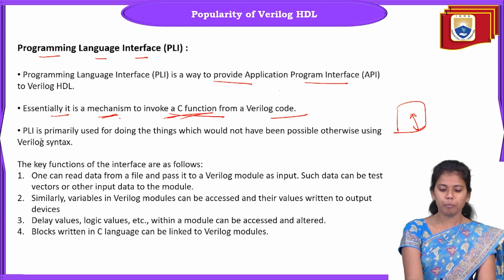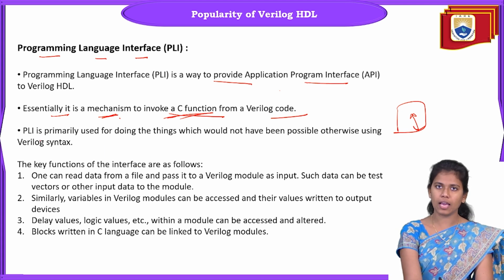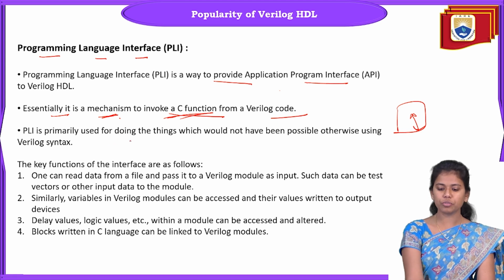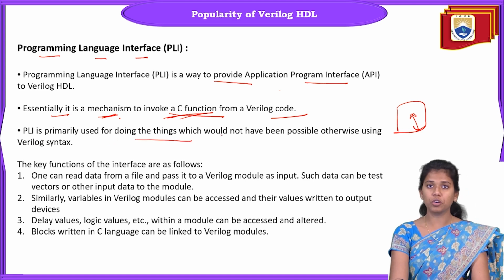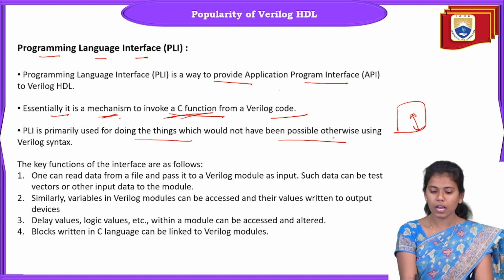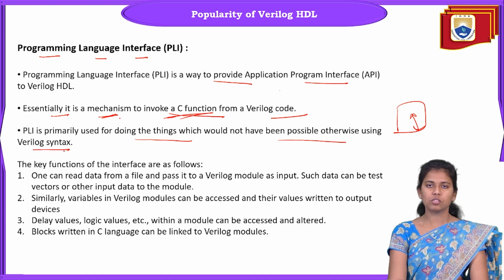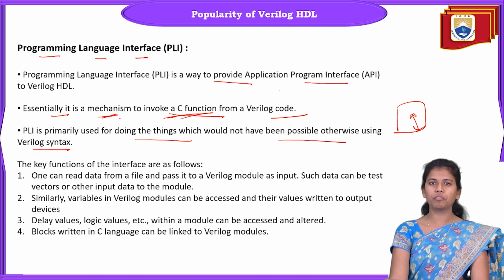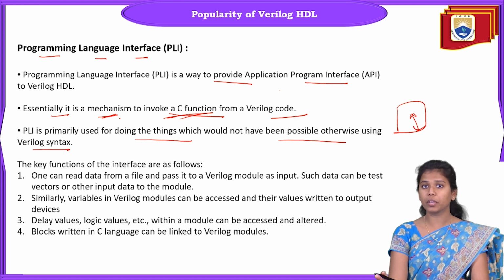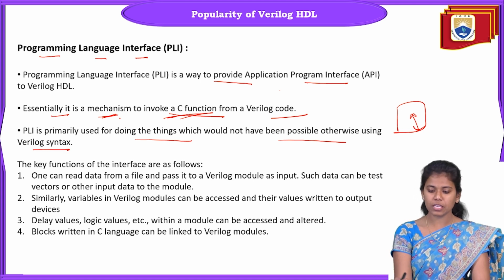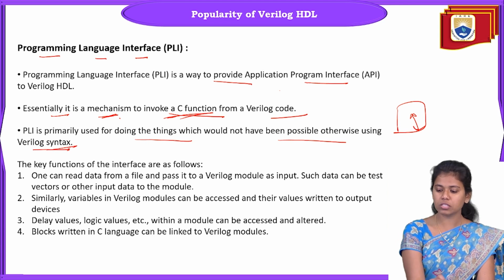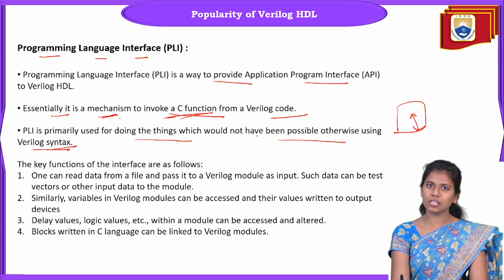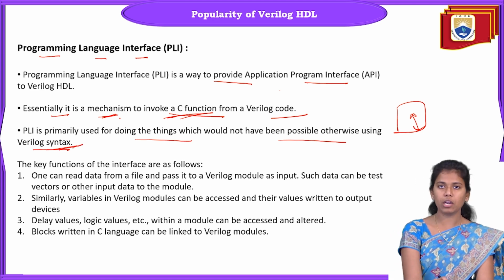Okay. Next, PLI, the programming language interface, is used for doing things which would not have been possible otherwise using Verilog syntax. So another way that we could provide an application programming interface is with the help of Verilog syntax. Other than the C program, we can also invoke it using the Verilog syntax.